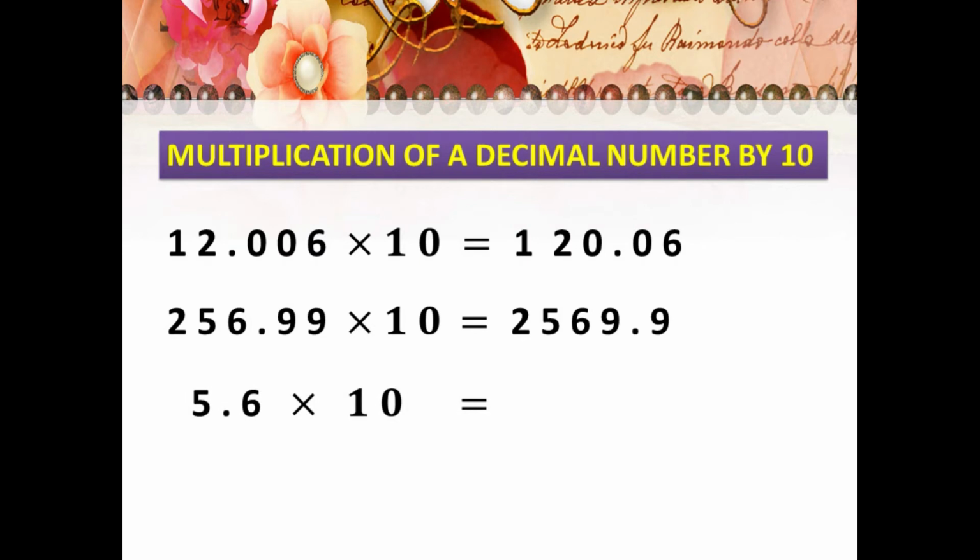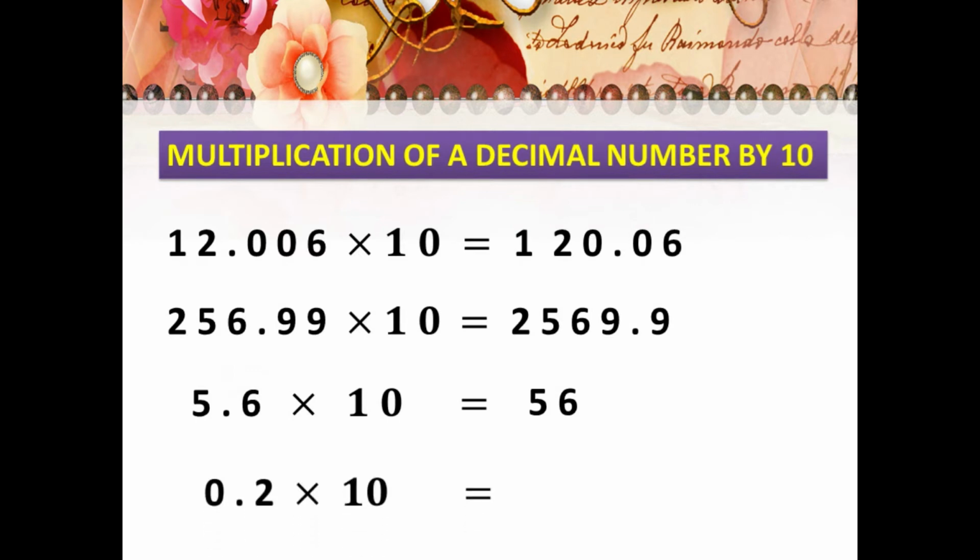Next question is 5.6 into 10. Here also multiplied by 10. So, the decimal point moves one place to the right. If the decimal point moves to the right end of the given number, no need to show that. You can leave it. So, the answer is 56.